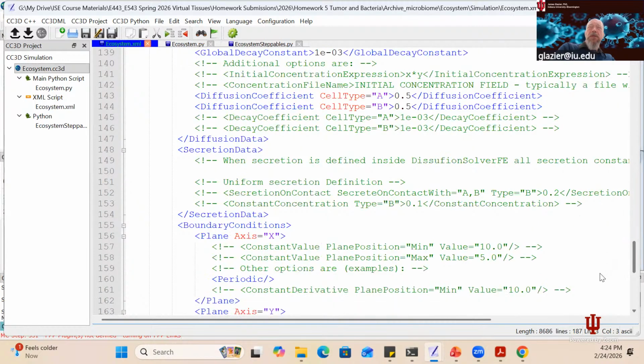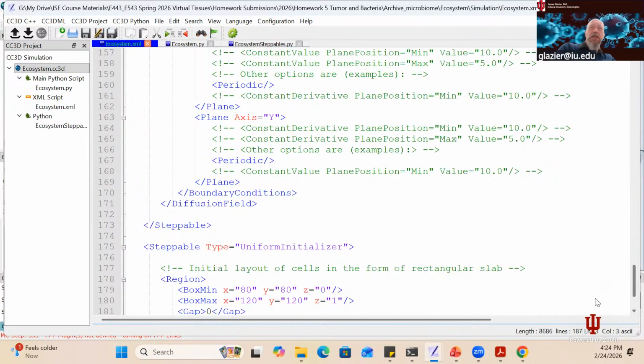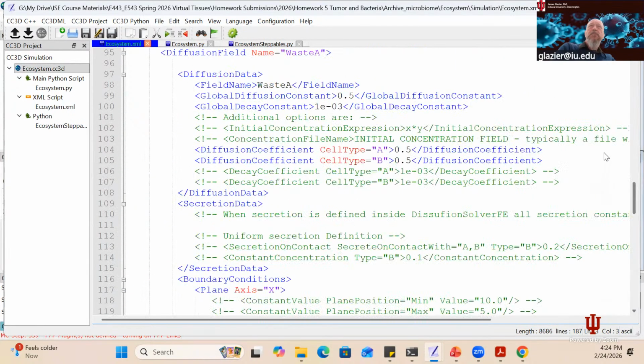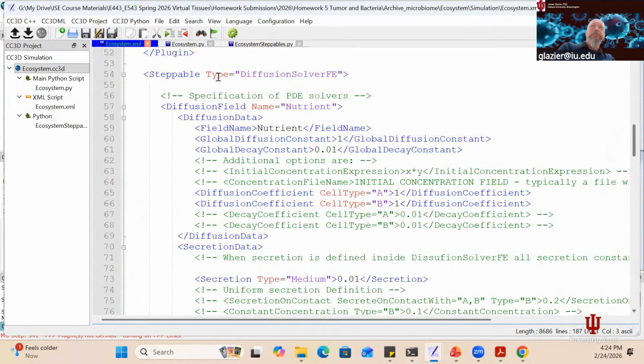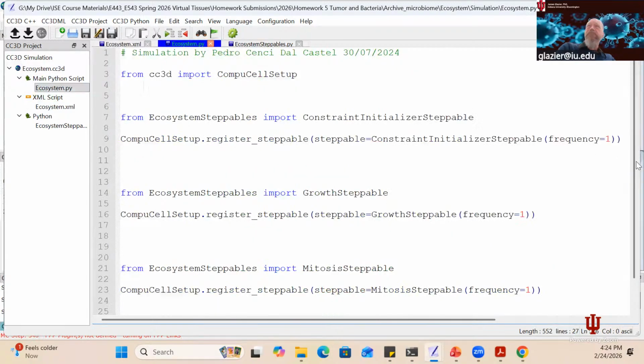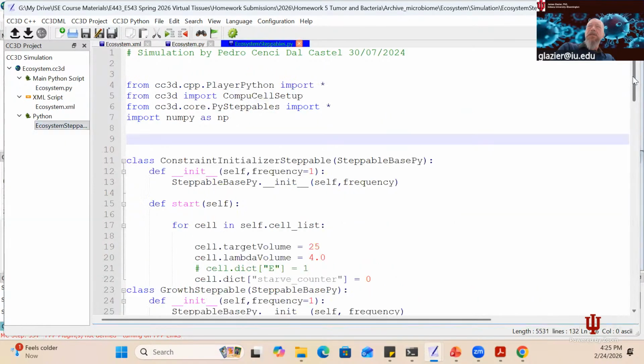They're going to be defined in the Python. Let's look at the Python. So what do we have?